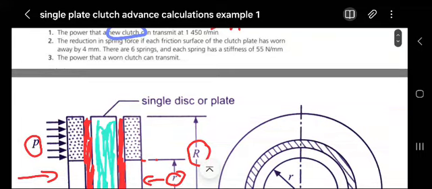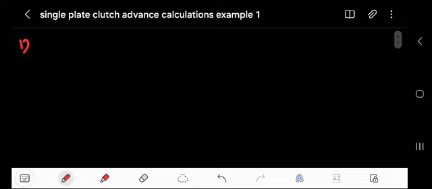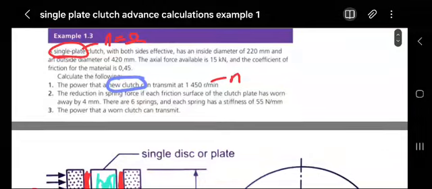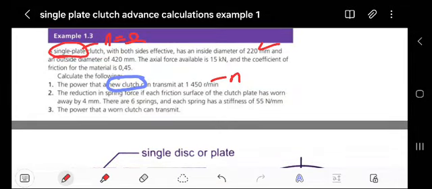Before attacking this question, let us write our data first to make our life easier. We have D, which is 220 millimeters. To convert to meters, we divide by 1000, which gives 0.22 meters. This is our inside diameter.